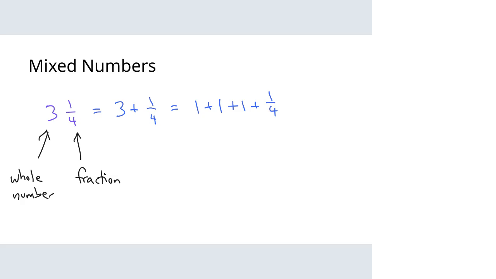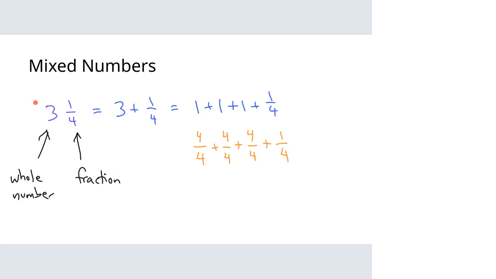Okay. And then these ones I could rewrite. They're written as whole numbers right now, but we're going to rewrite those as fractions. And if I rewrite 1 as a fraction, I want to use 4 as my denominator. So that 1 is going to become 4/4, and this one is going to be 4/4, and the third one is going to become 4/4, and then that 1/4 is still there.